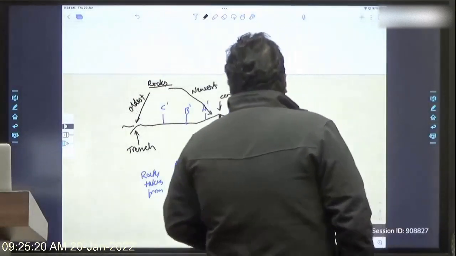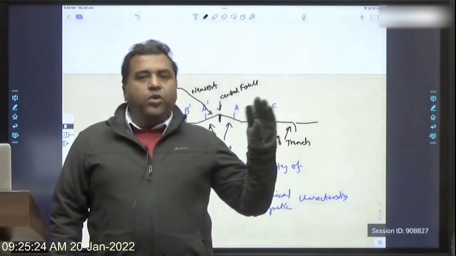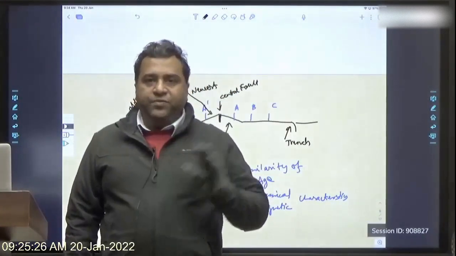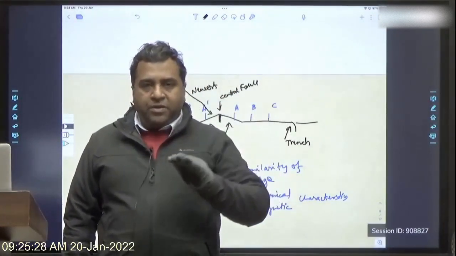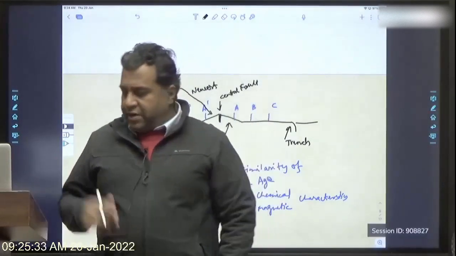So we expect that from the continental margin, very old sediments will come to the ocean floor and accumulate. How old? Thousands of millions of years old.